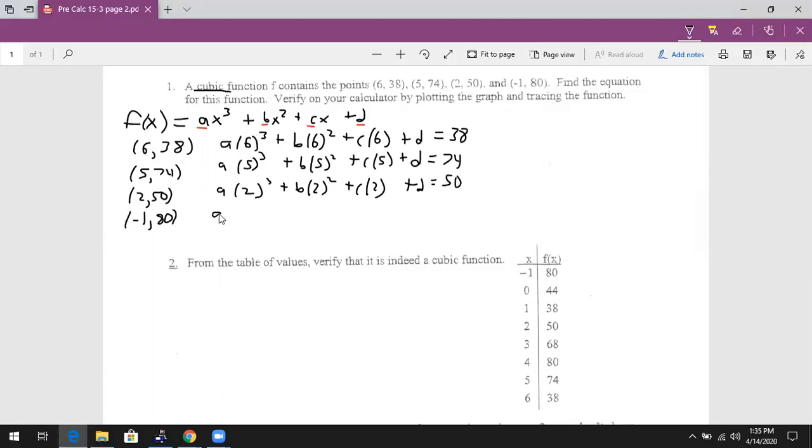And finally, A times negative 1 cubed plus B times negative 1 squared plus C times negative 1 plus D equals 80. So I'm going to set up a matrix here.